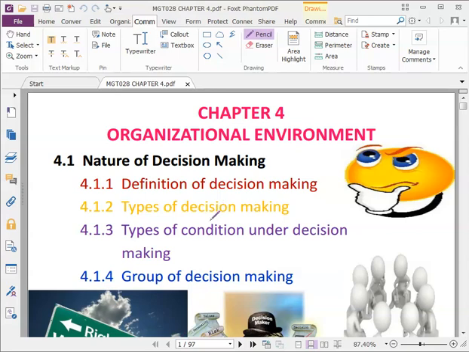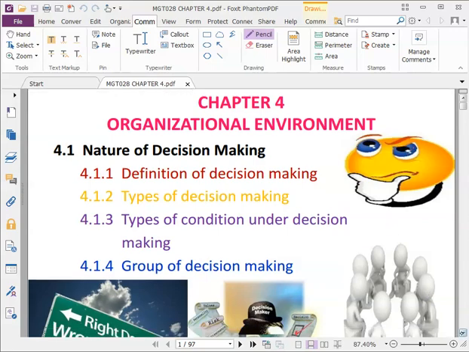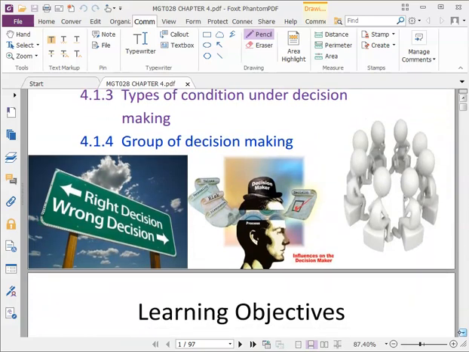Second, we will look at the types of decision making, apa methods untuk kita buat decision making, and then types of condition under decision making, dalam keadaan apa kita akan kena buat decision, and also group decision.